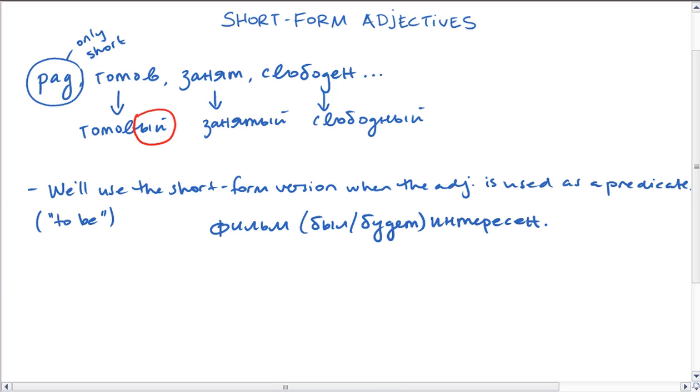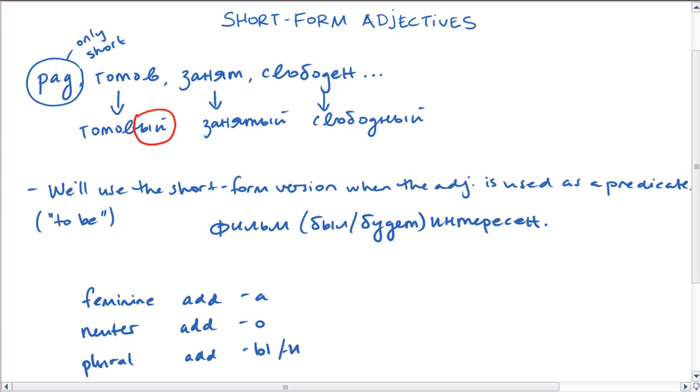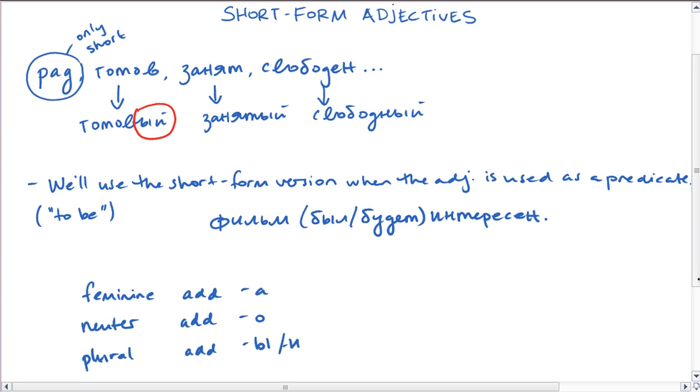And then for feminine, if we're describing a feminine noun, we add an а, neuter, we add о, and plural, we add ы or и. So they look like nouns, these short form adjectives.